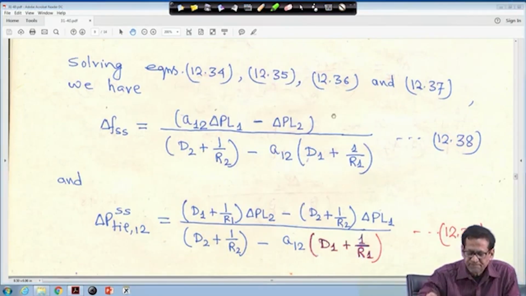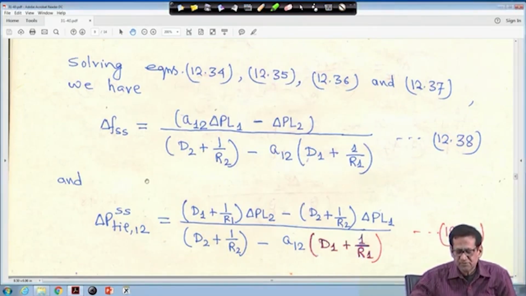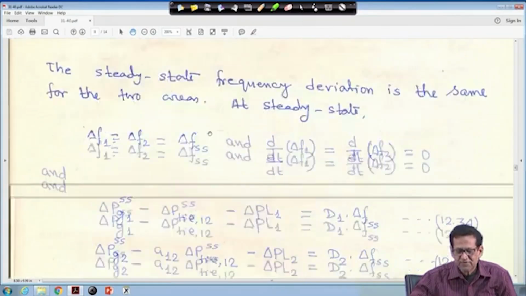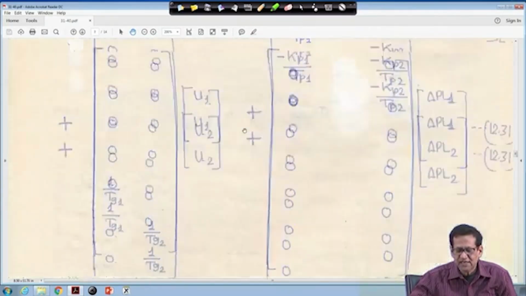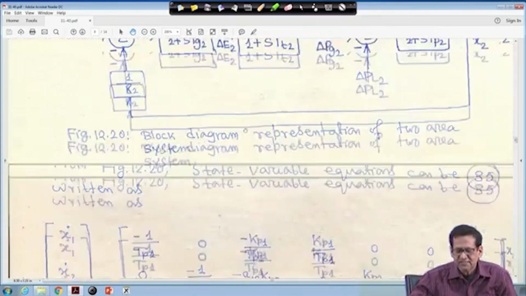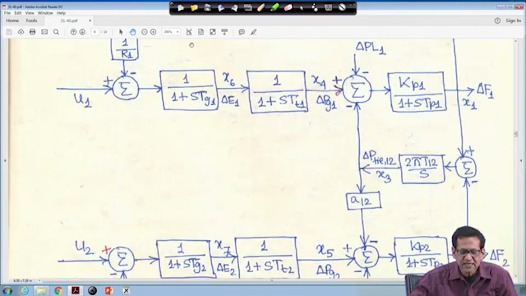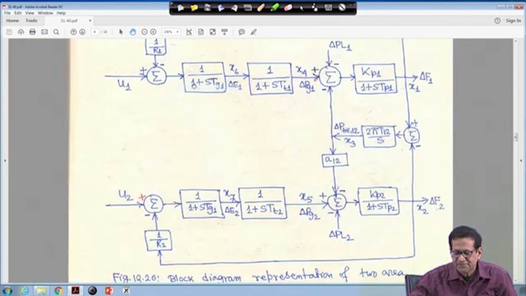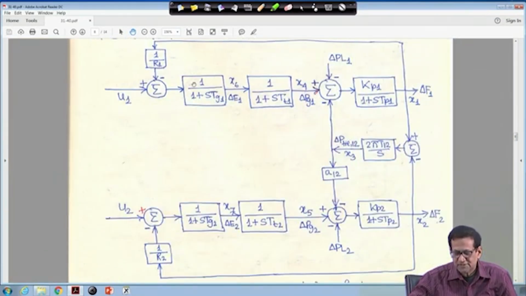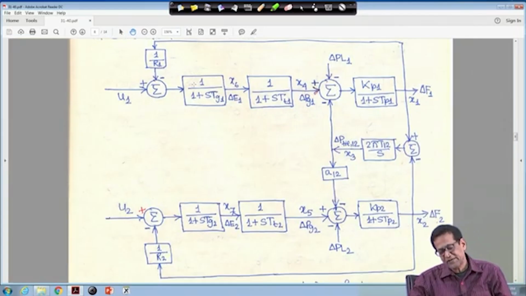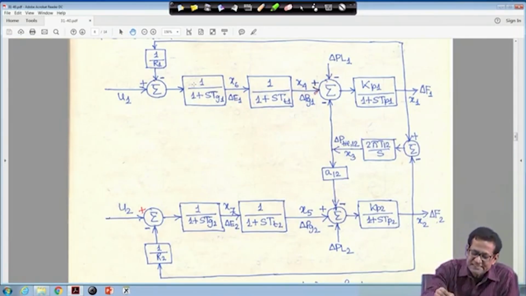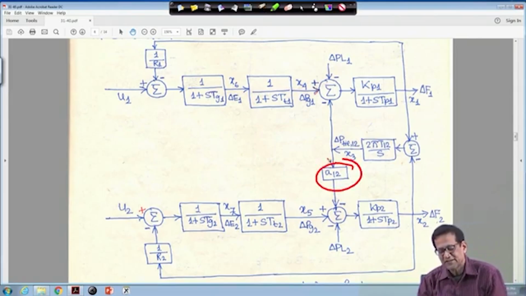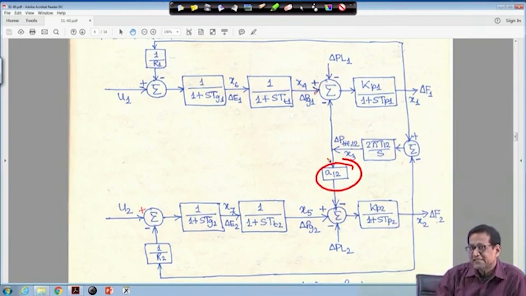Next we will move on. Another thing is there: before moving further, I will go to that block diagram. In this case, the area capacity ratio A12 plays a significant role.